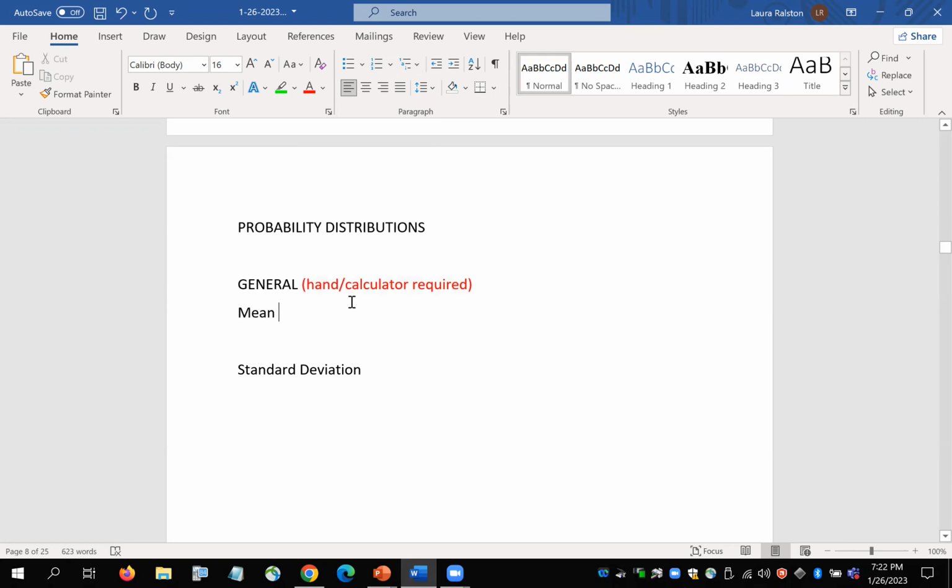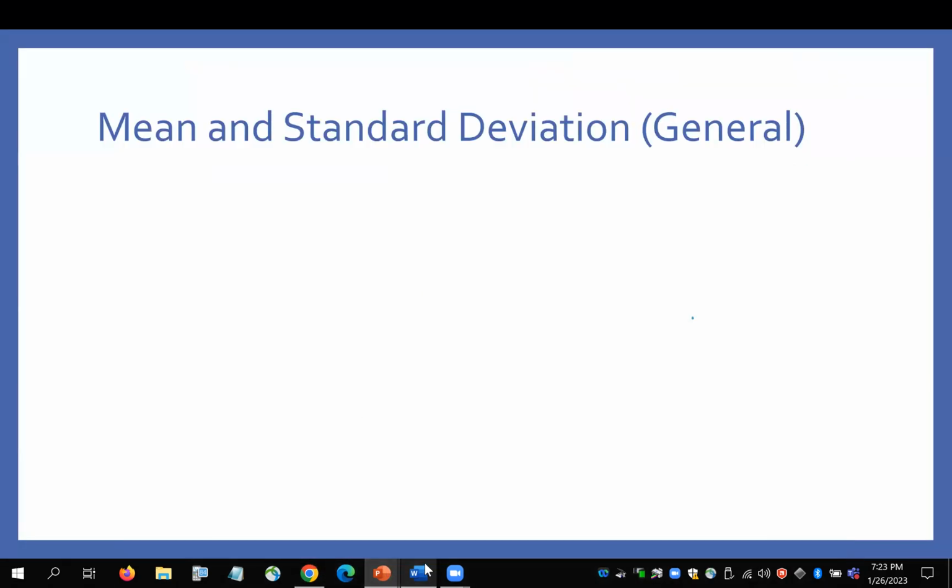So you may want to begin to make yourself a formula sheet to have next to you when you are working on the homeworks. You'll be able to create a note sheet for the midterm. So you want to start making a list.